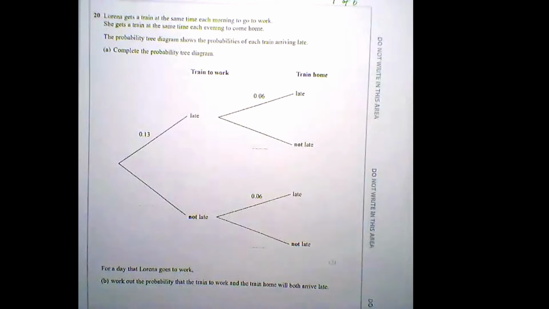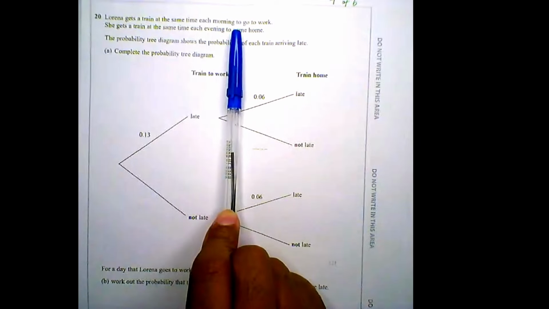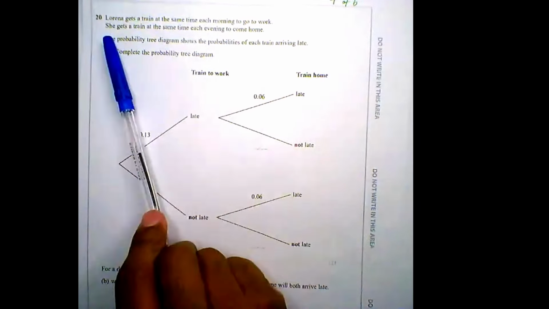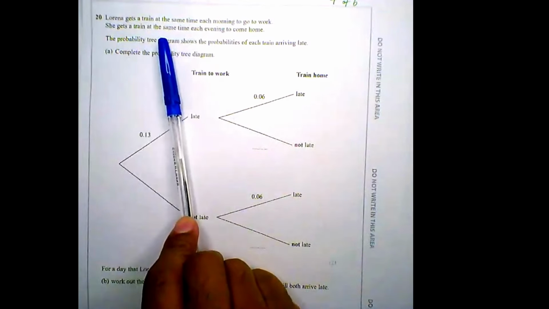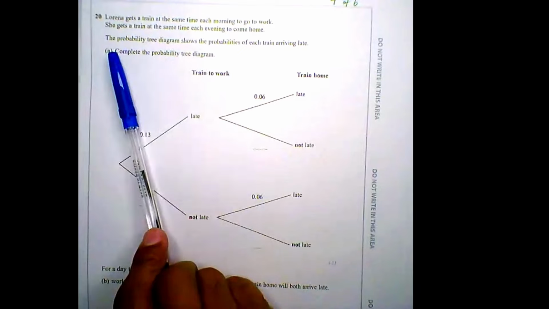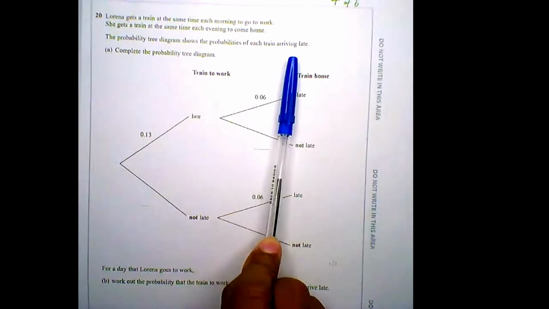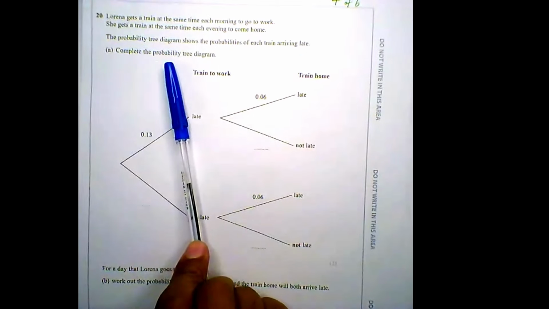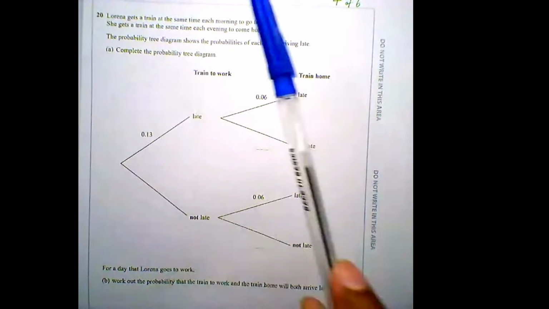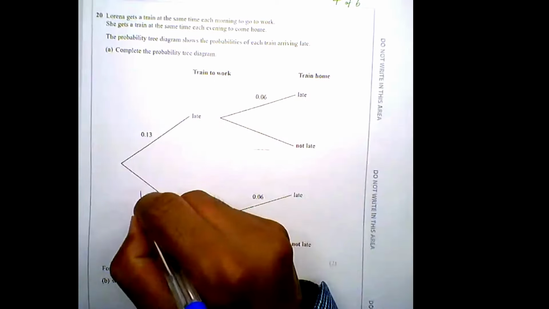Okay, let's go through this. Question 20. Lorena gets a train at the same time each morning to go to work. She gets a train at the same time each evening to come home. The probability tree diagram shows the probabilities of each train arriving late. Complete the probability tree diagram. So I've got late, not late, and this is blank.